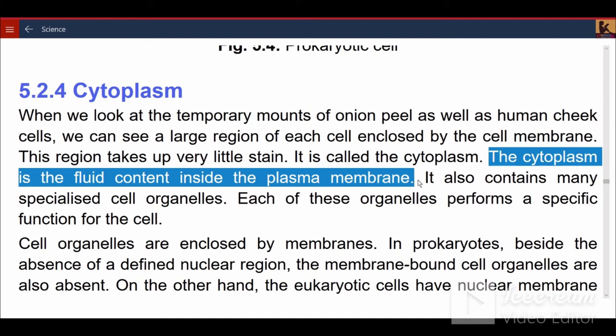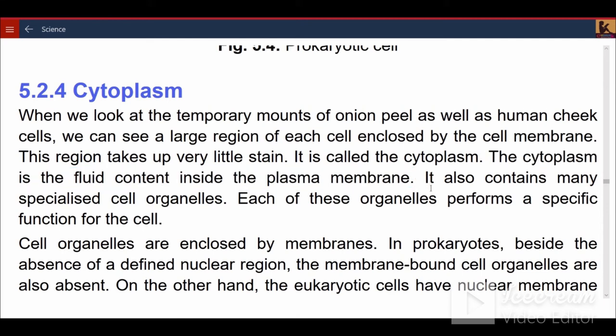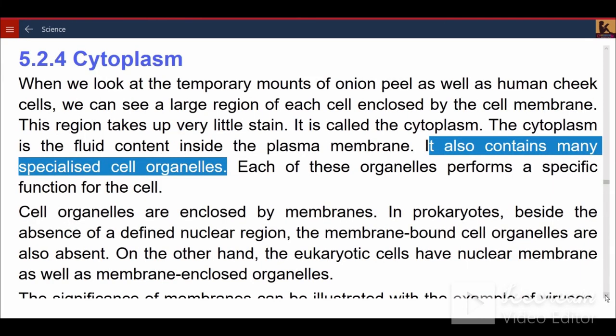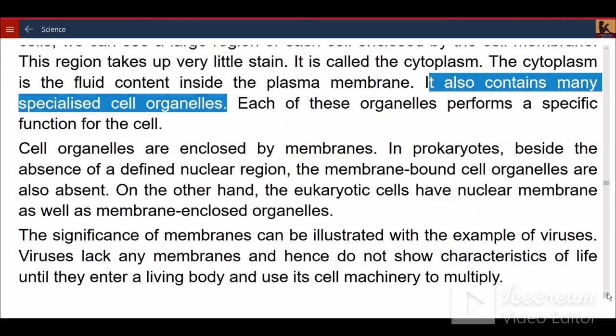So just after the plasma membrane, the region with fluid is called the cytoplasm, and it contains many specialized cell organelles. Each of these organelles performs a specific function of the cell. There are cell organelles inside the cytoplasm, and these organelles perform basic functions by which a cell becomes living.